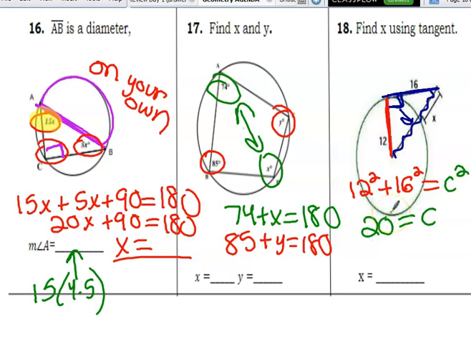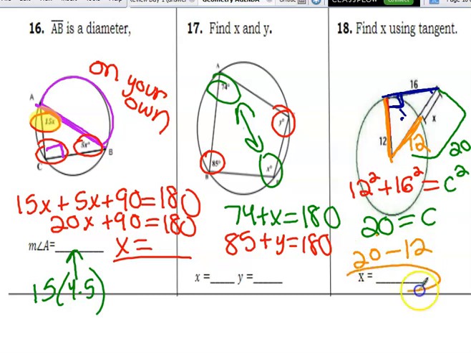So if this whole part is 20, how on earth do I find out what x is? Well, we talked about the radius. If this is 12, this is also 12 because they're both radii. So what is 20 minus 12? And that's how you find out what x is.